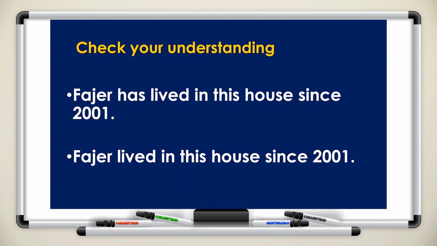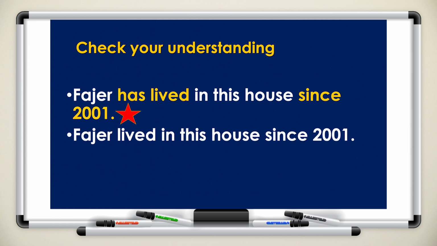Look for keywords and check the verbs. You're correct. The first sentence. Fajr has lived in this house since 2001. Now, because I have the word since, I know that this sentence will be in the present perfect. So I added has and the verb in the past participle.